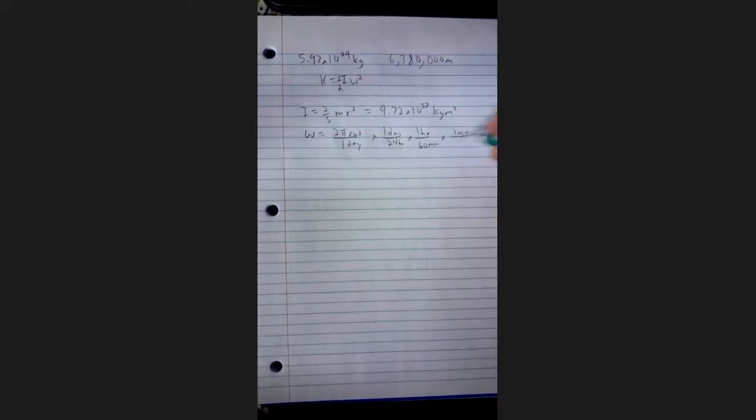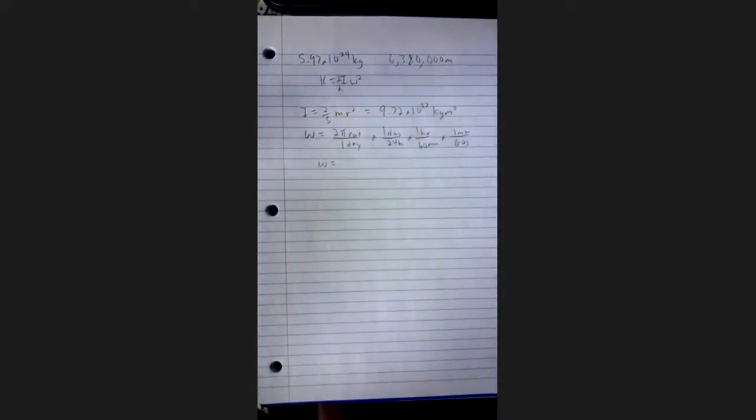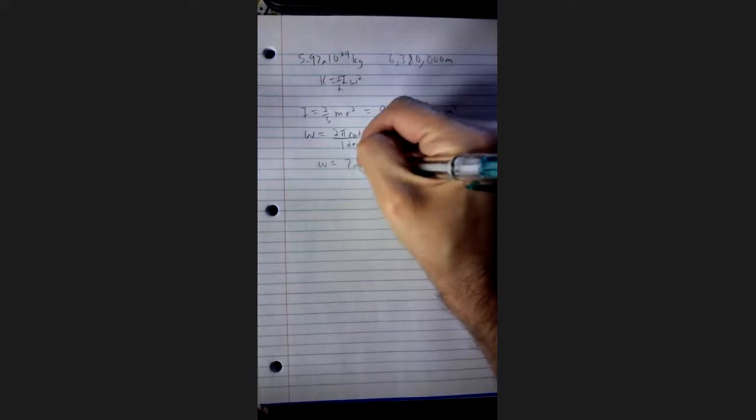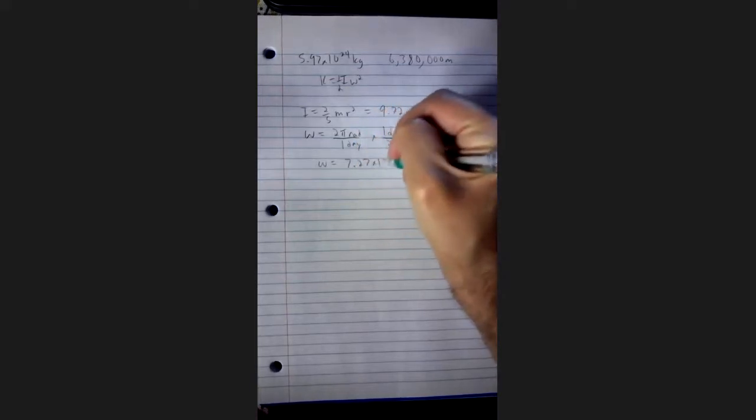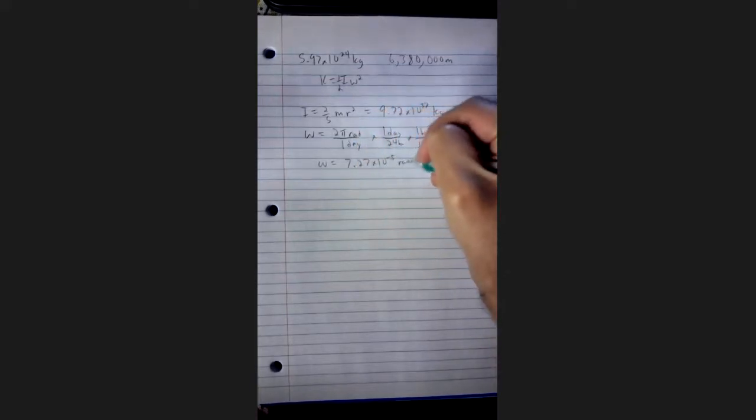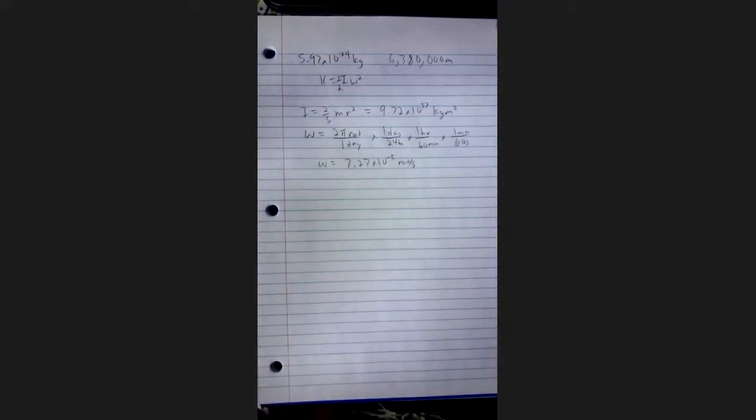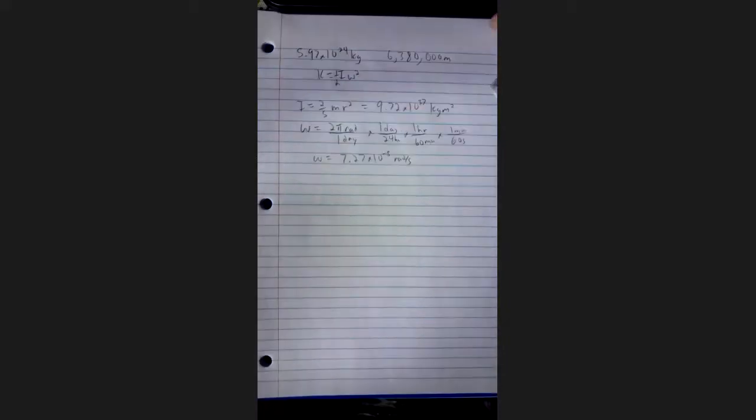In 1 minute, there's 60 seconds. So overall, that is an angular velocity of 7.27 times 10 to the minus 5th radians per second.